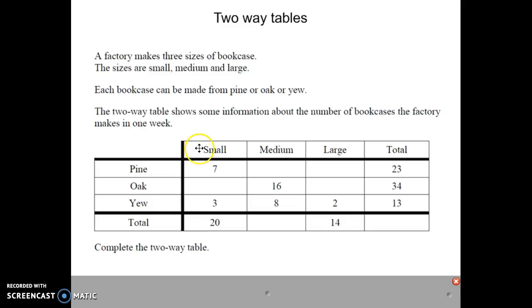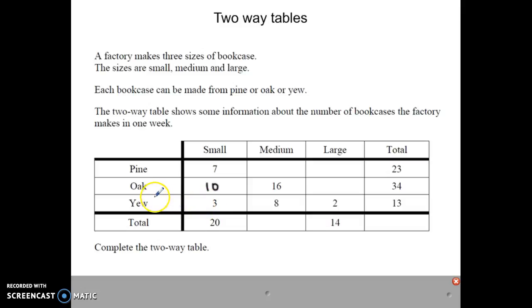So if we look in the small column, 7 plus 3 plus whatever this value is for oak have a total of 20. So 7 plus 3 is 10. My missing value for small oak bookcases must be 10. So I'm going to go ahead and write in 10 there.